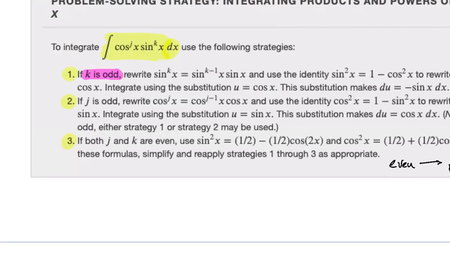We're going to take sine to the 5th and split it into sine to the 4th times sine x. So I'm going to rewrite this: k is odd, and when I split this, I end up with the integral of sine to the 4th x times sine x dx.